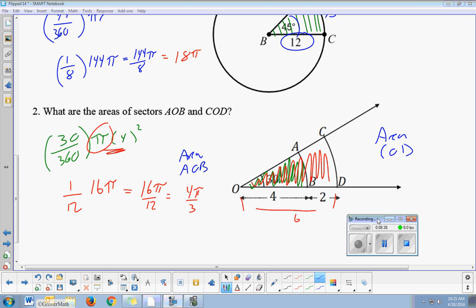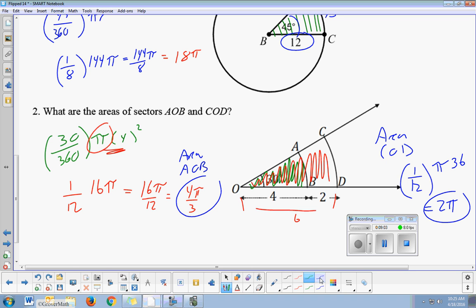It's still 1/12, or 30 over 360, whatever you prefer. It's still 30 degrees, but this time it's pi times 6 squared instead of 4 squared, and that would be 36. And 36 pi over 12 works out to be 2 pi, which is about 6.2-ish. But that's my area there.